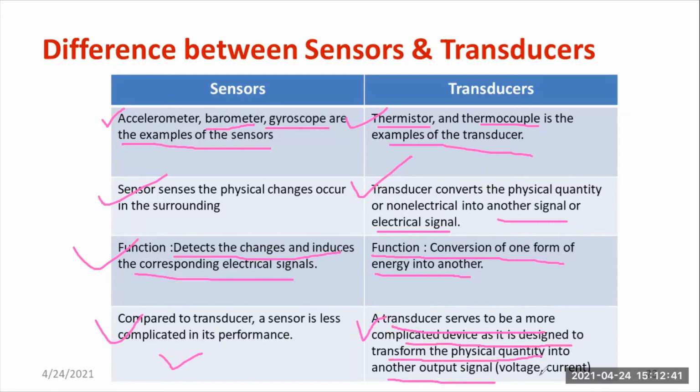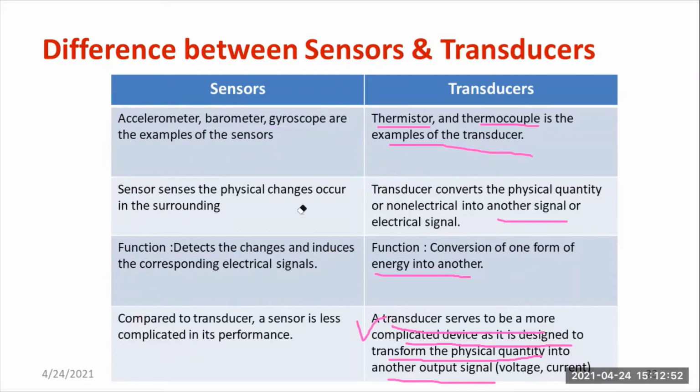That means a non-electrical quantity is converted into an electrical quantity. So it comprises the sensor and a signal conditioning unit. It is a bit expensive as well, complicated and expensive compared to a sensor. But the applications of transducers are wide compared to sensors. Sensors have a lot of limitations.